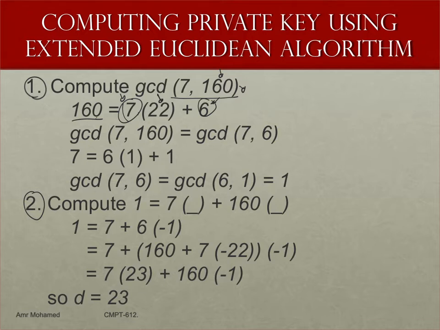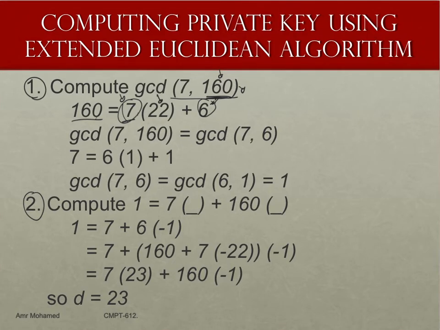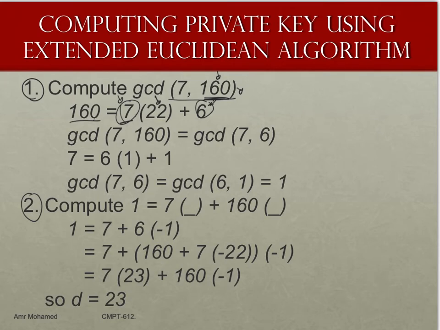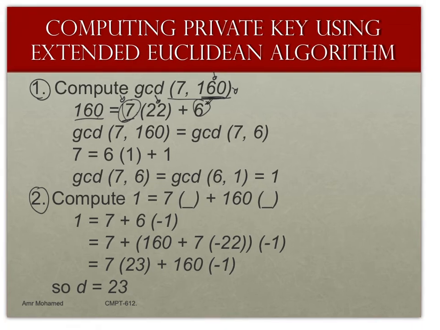Okay? So as long as the 160, which is here, is an integer linear combination of 7 with a remainder, we take the 160 and remove all the integer linear combinations with respect to 7.